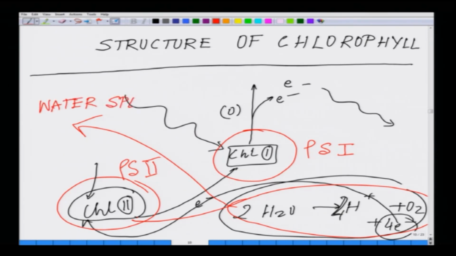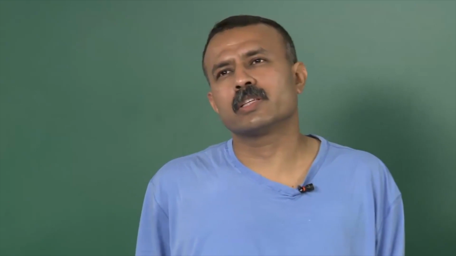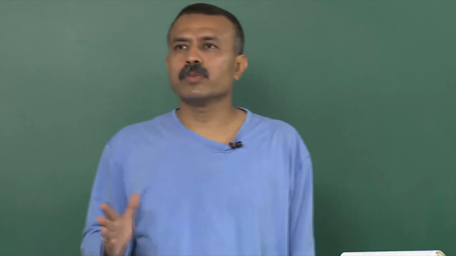The water splitting machinery is essentially a manganese cluster. This is the sum total of this thing, and very interestingly, this manganese cluster which is splitting the water is fairly conserved all over the photosynthetic species which have evolved on the face of earth. It's very well conserved, and one by one we will take up all these things.